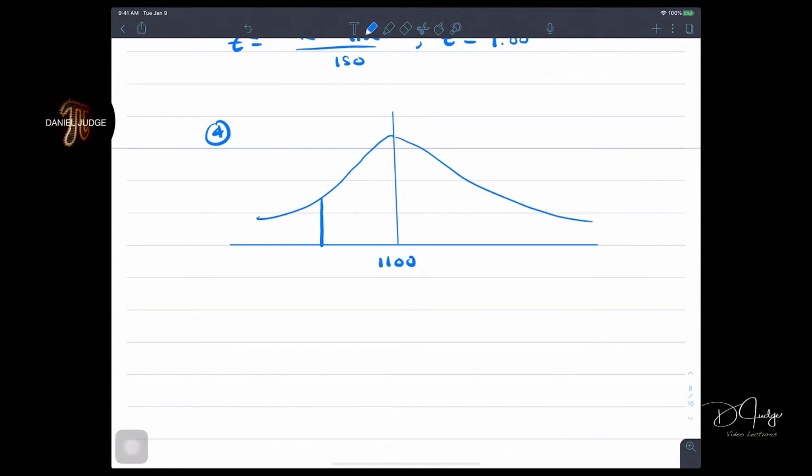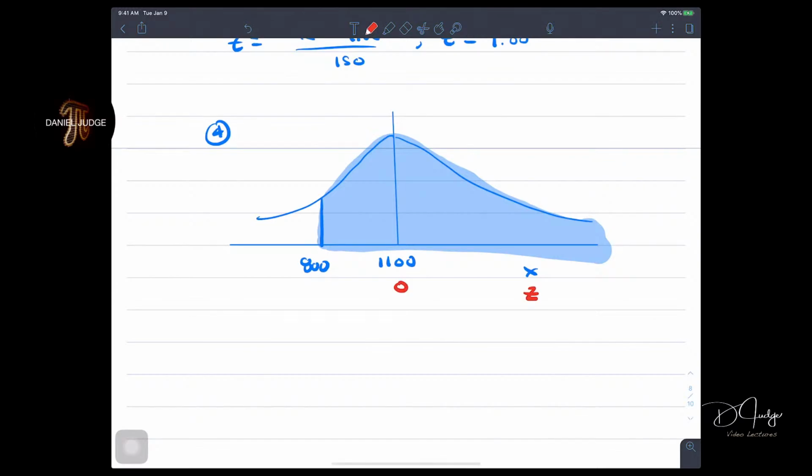The mean is $1,100, and 800 is to the left there. More than 800 is greater than 800, so all the values bigger. Okay, so all of these again are X values. We've got to convert them to Z values.